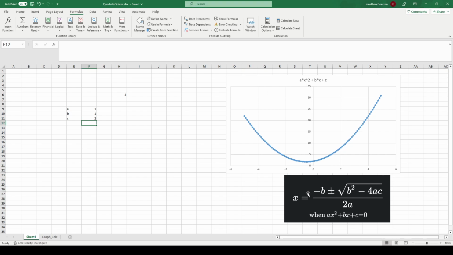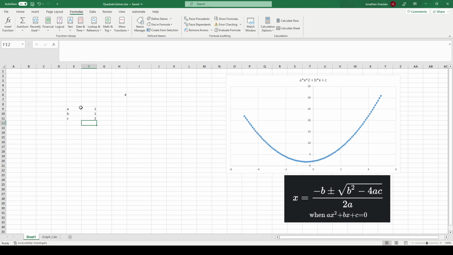The function then is we want to find any place where this function is equal to 0. And the quick and dirty thing that everybody's memorized in order to solve that is that x, the values at which this function is equal to 0, is equal to negative b plus or minus the square root of b squared minus 4ac all over 2a.